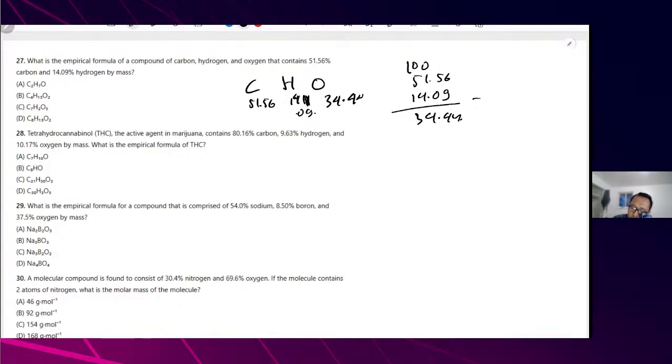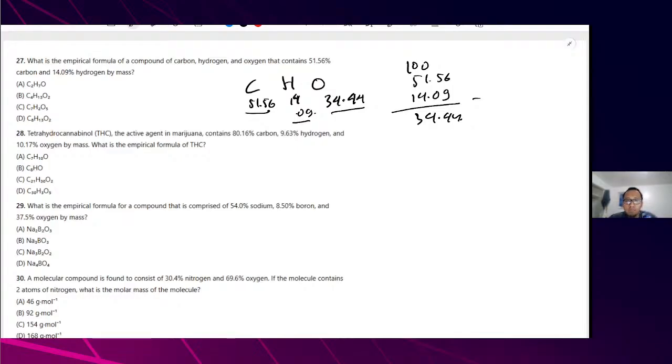Now is it done? Not yet. We have to take a look at the moles of each element. Just assume these values are the mass itself.